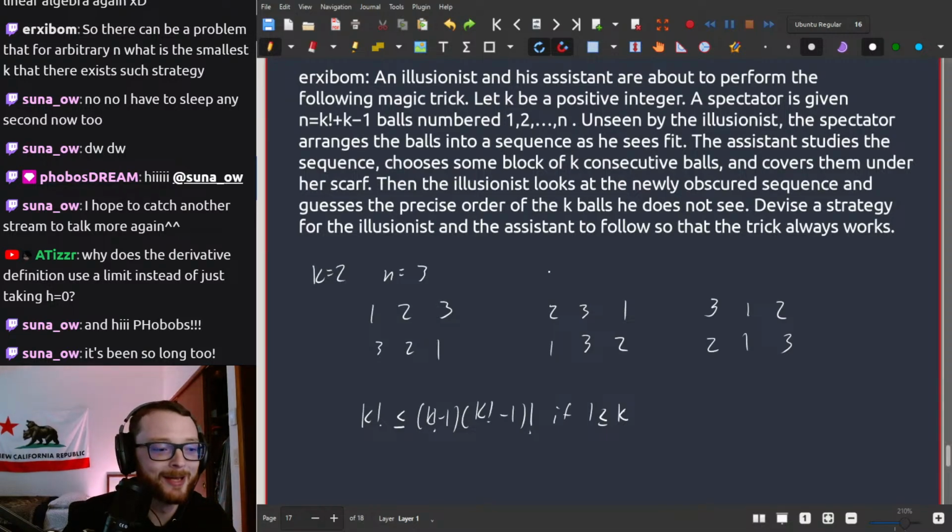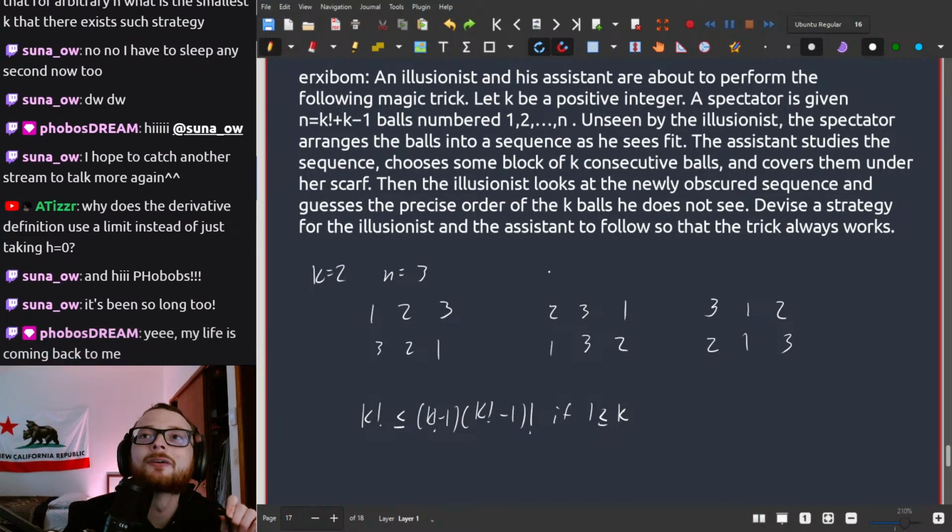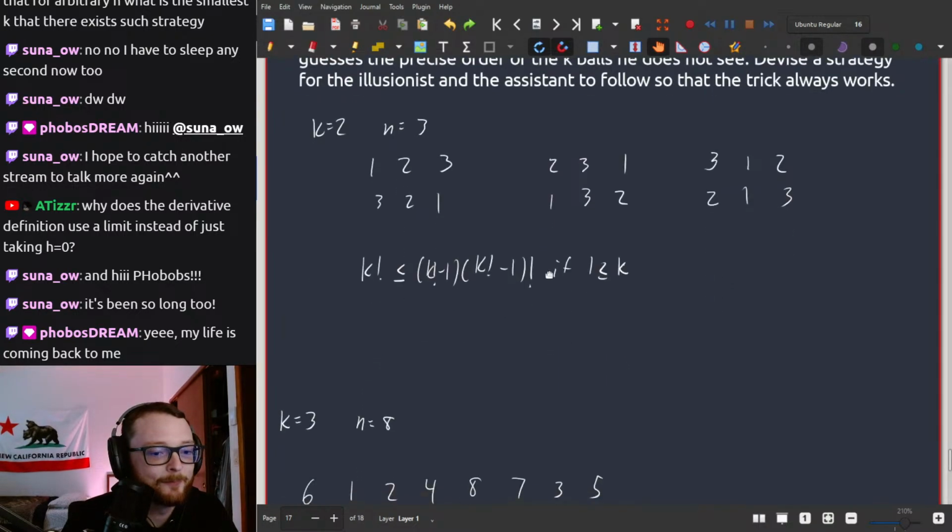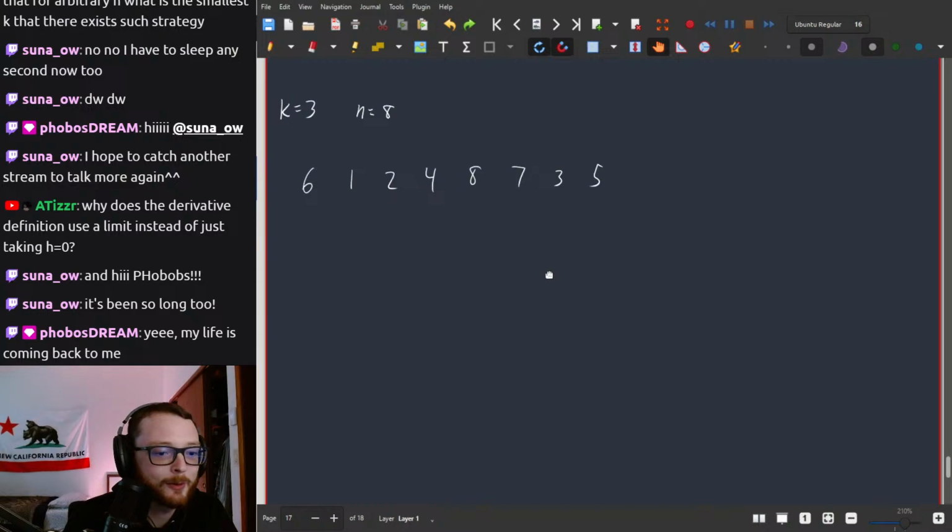That goes both ways. Okay, Tizzer, why does the limit definition use a limit instead of just taking h equals 0? Because it doesn't make sense to take h equals 0 exactly. I'll try to explain this quickly because I do want to head off.